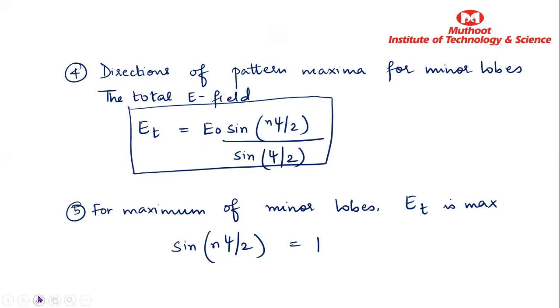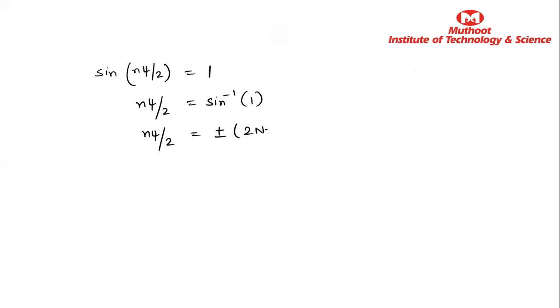So let's see what to do. So that sine of n psi by 2 should be 1. So n psi by 2 is equal to sine inverse of 1. That means n psi by 2 is equal to plus or minus 2N plus 1 pi by 2, right?